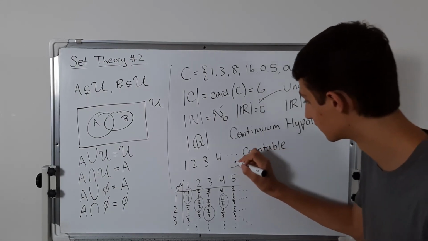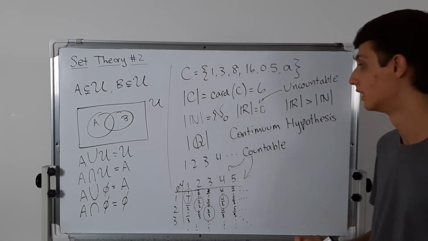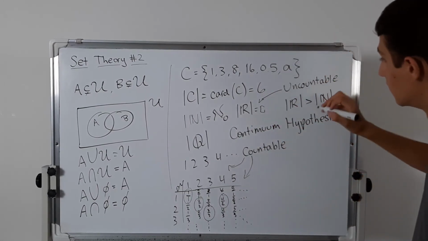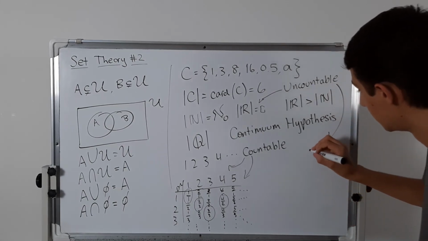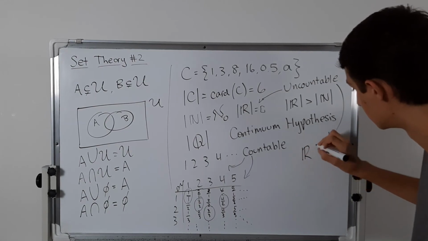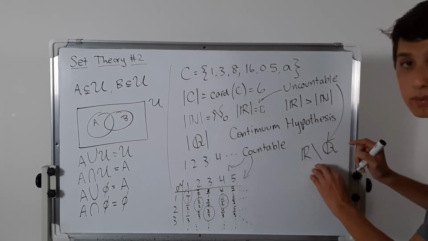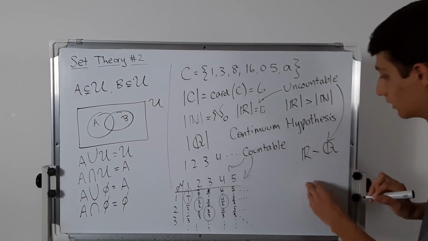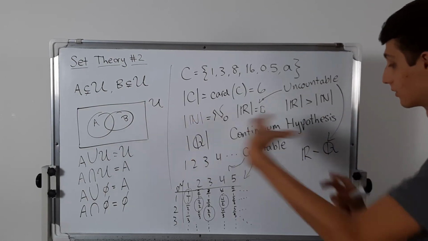So we have the countable examples here, and then uncountable, we have the real numbers, but also another example of uncountable numbers is R minus Q. This is the set minus, basically taking the whole set of real numbers and subtracting away the rationals.